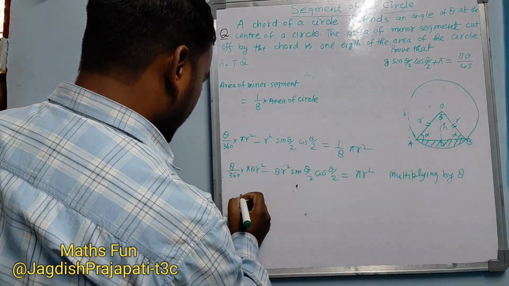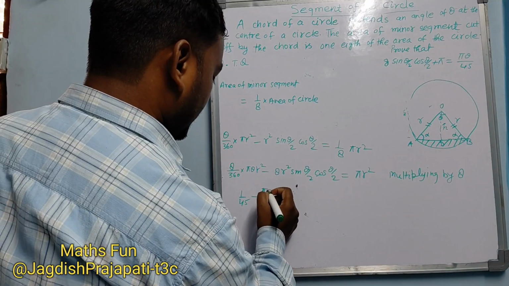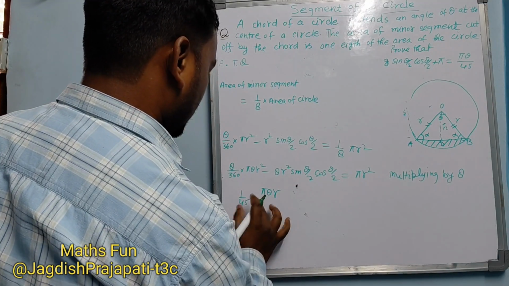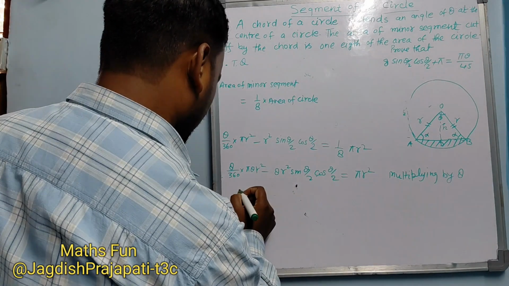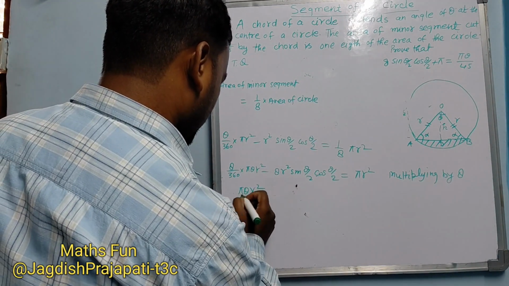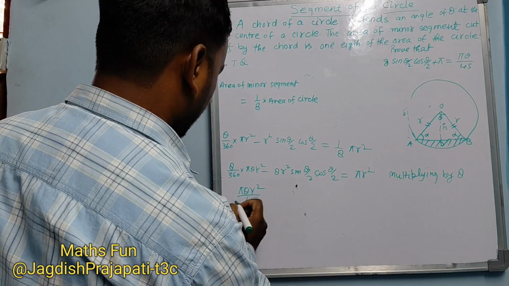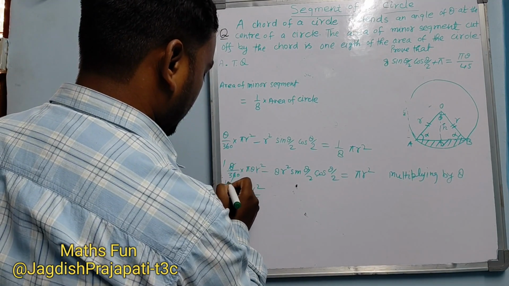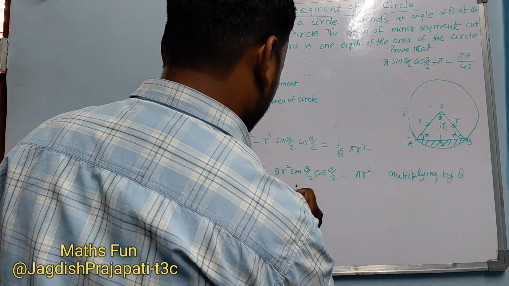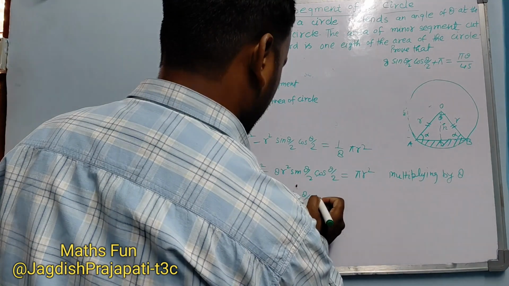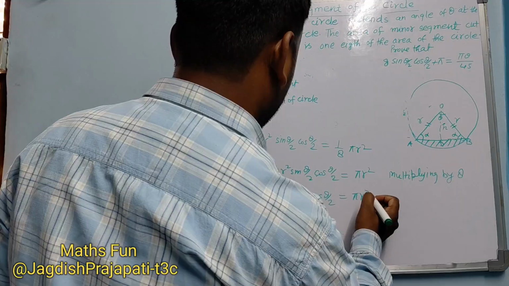So now this will be 1 upon 45 minus pi theta r square, divided by 45, minus 8 r square sin theta by 2 cos theta by 2 equal to pi r square.